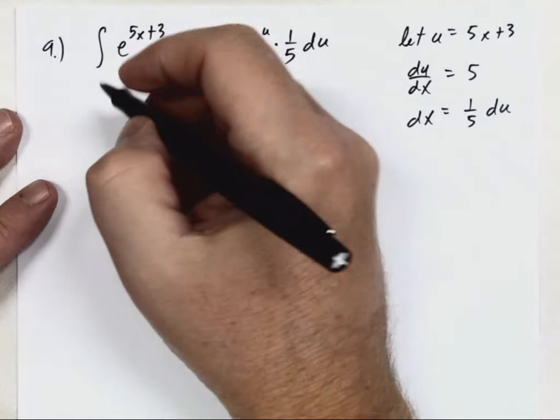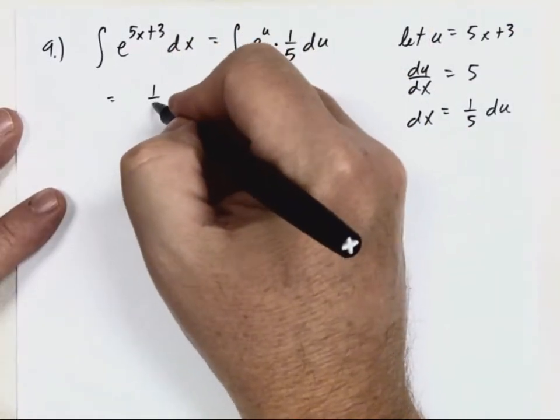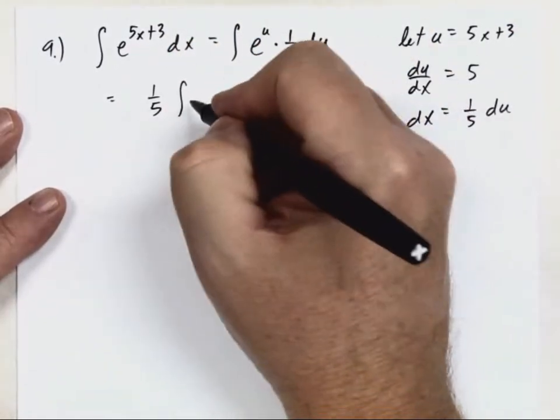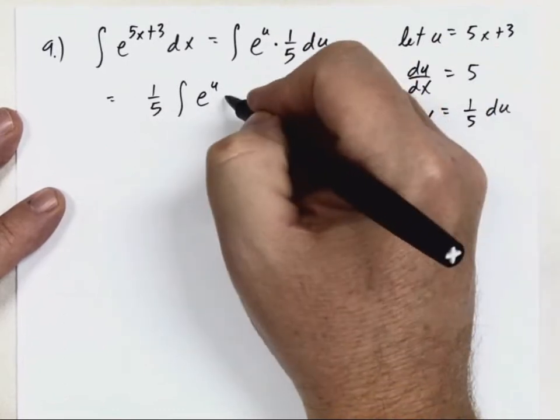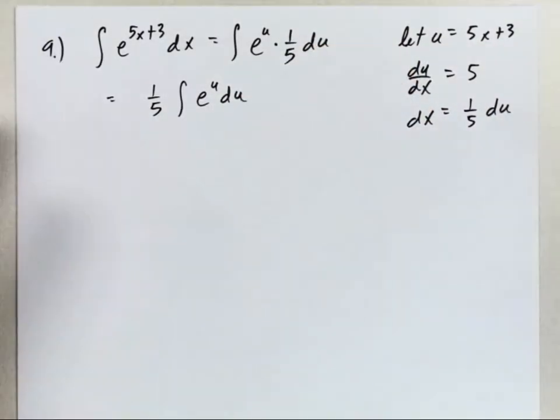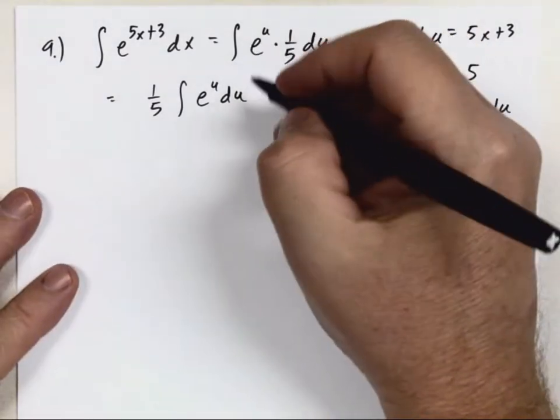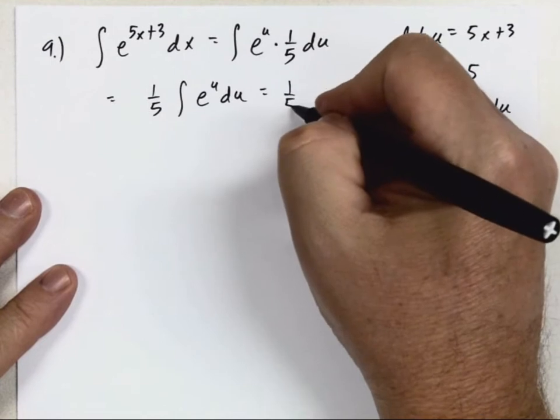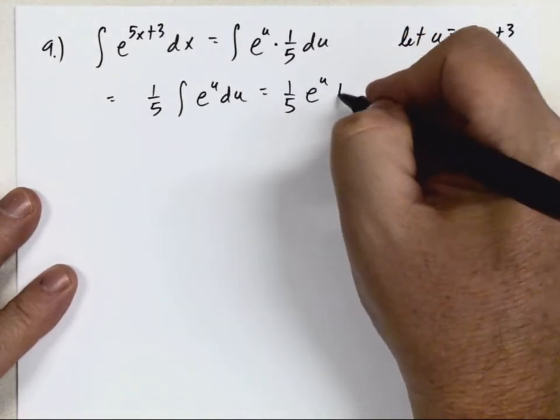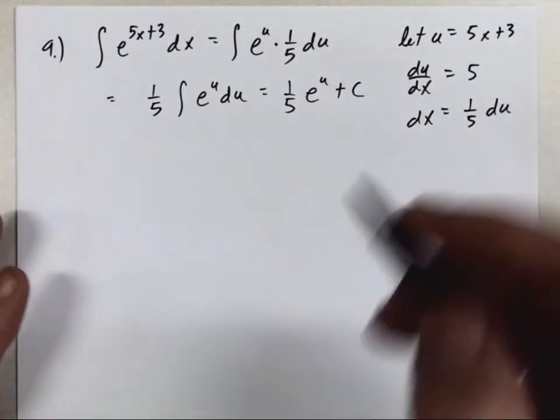So if I sort of, maybe I'll bring the 1/5 all the way out, because hopefully you see we actually can integrate this e to the u with respect to u, just e to the u.